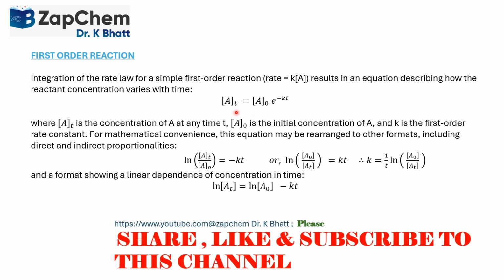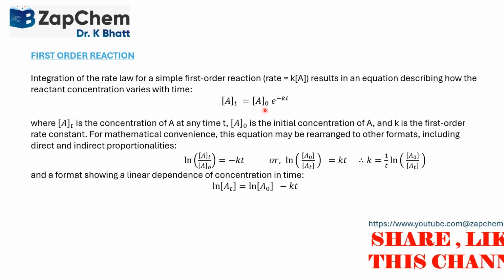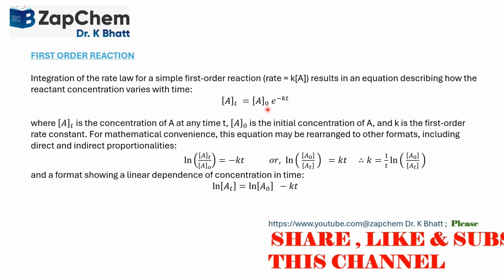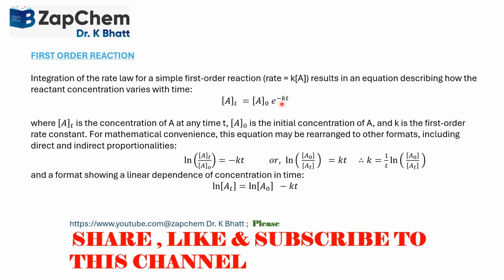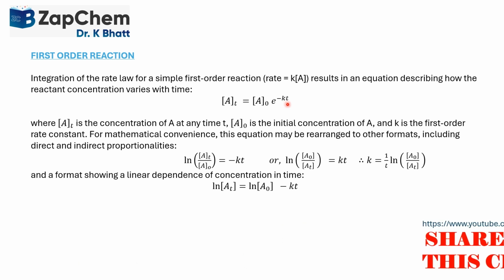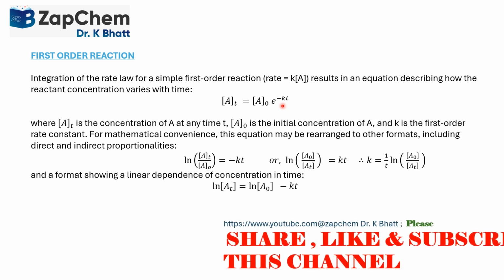That A concentration at a particular instant of time is equal to initial concentration, that is A naught, multiplied by exponential power of minus kt, where t is the time and k is the rate constant.